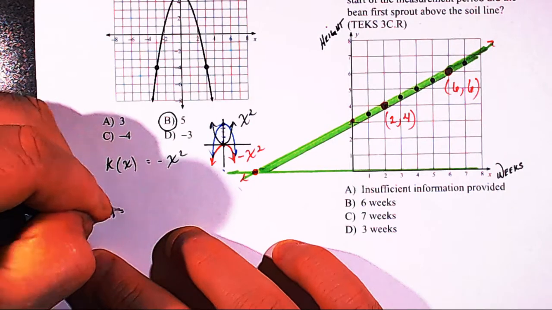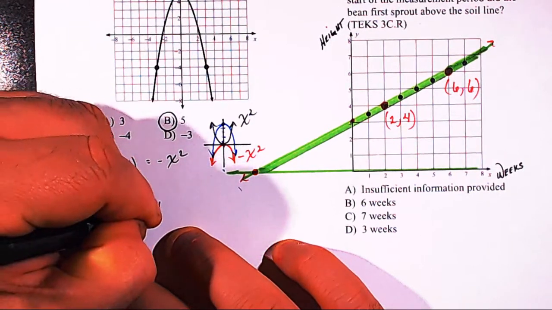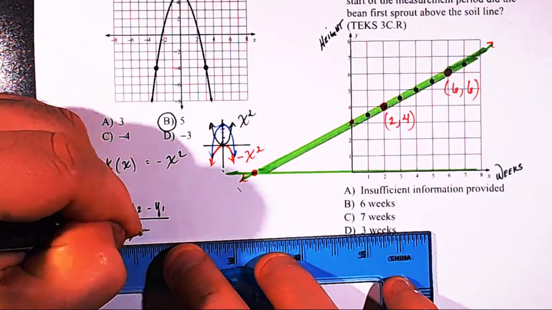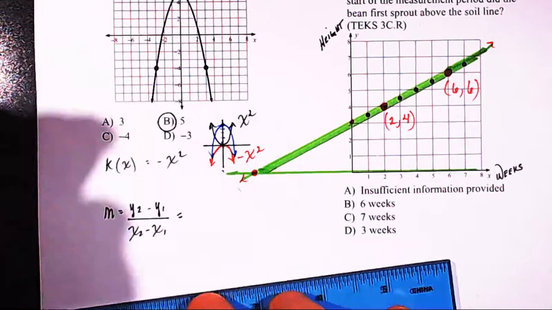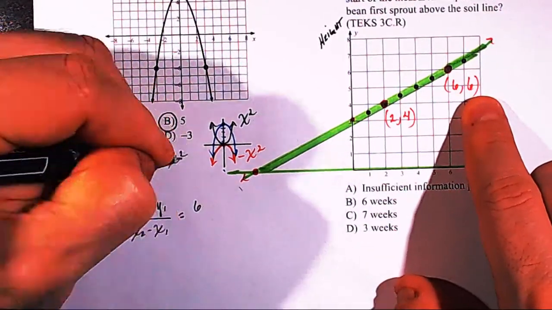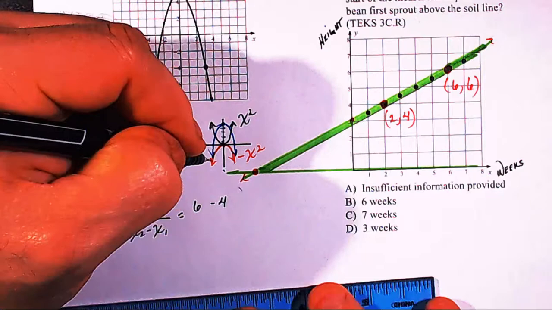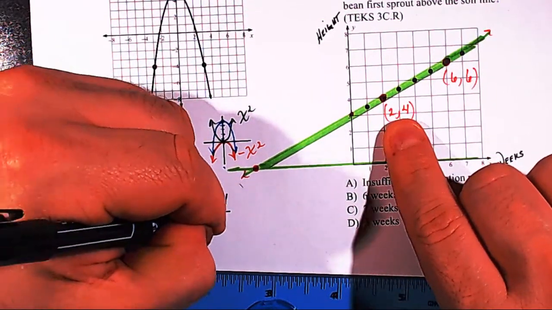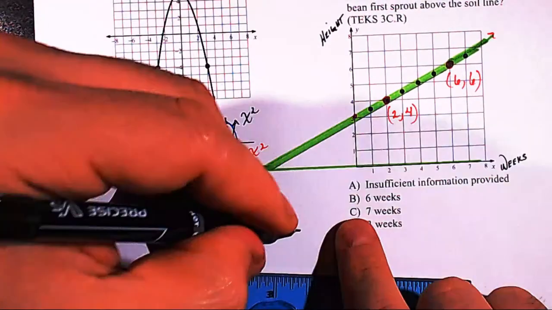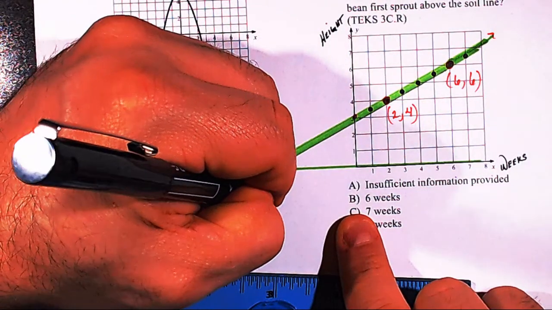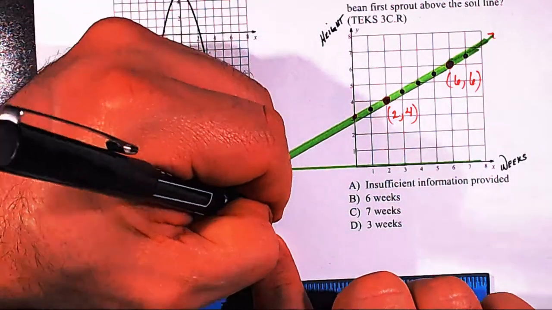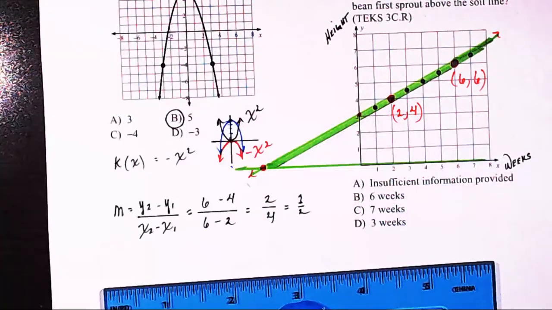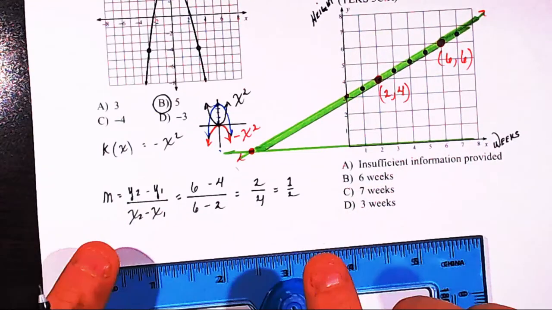So m equals y2 minus y1 over x2 minus x1 equals y2 is 6, y1 is 4 over x2 is 6, x1 is 2. Okay, to get the slope, which would be 2 over 4, which can be reduced down to 1/2.